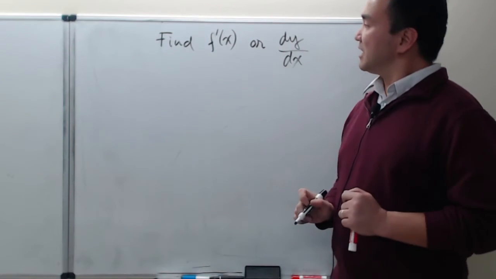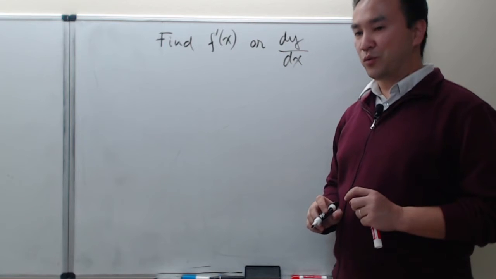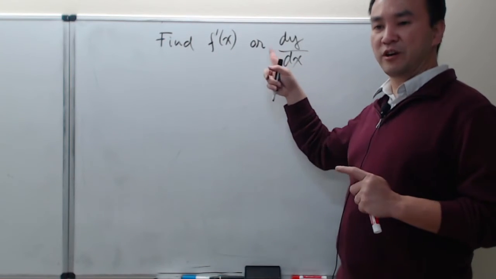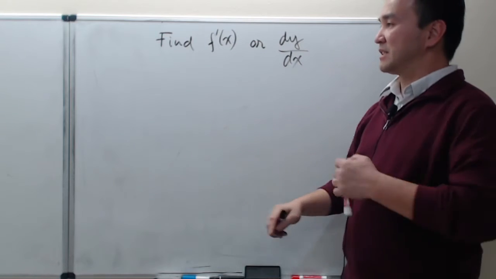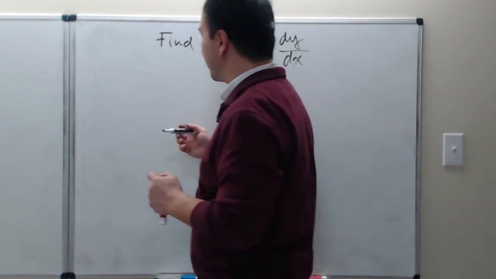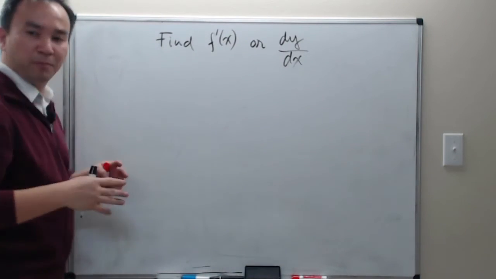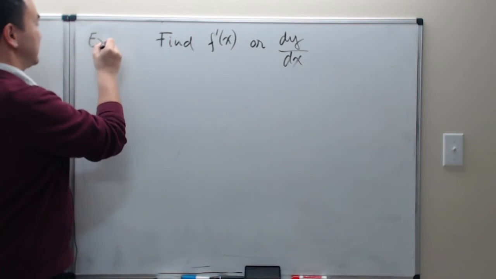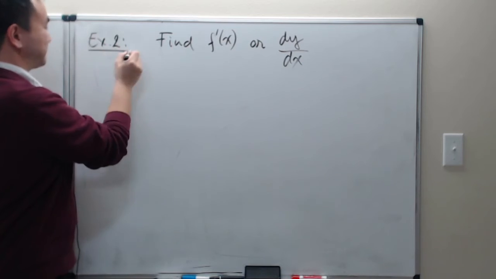All right, and let's now look at example 2, where I'm still going to do more examples where we are finding the derivative. But I want to bring in those problems where we can apply the chain rule. So let's look at example 2 right here.